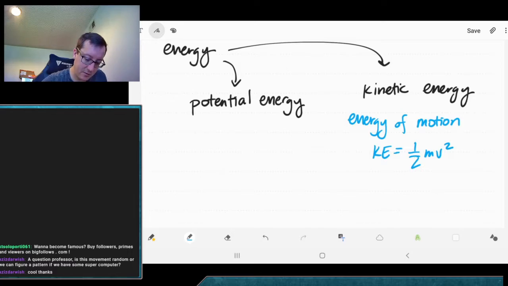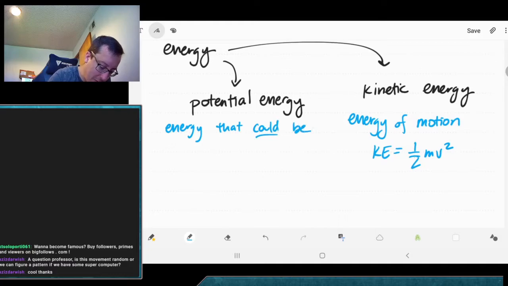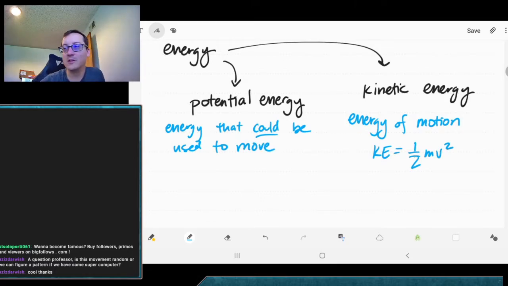Potential energy, though, is energy that can be converted to kinetic energy, but it's currently not. That's a very good definition, I know, very clear, right? That's energy that could be used to make something move or something like that.